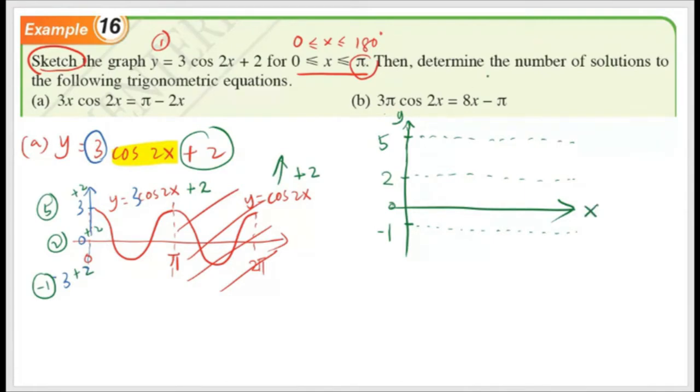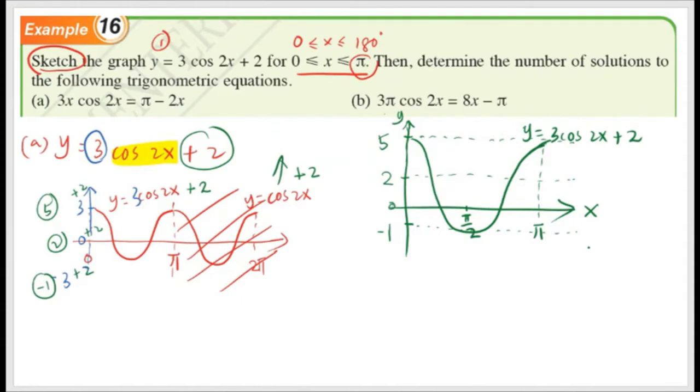Then you have to draw. Drawing is like this. Up to here. Here is pi, and here is pi over 2. This is your graph. This is the graph of the function y equal to 3 cos 2x plus 2 up to pi radians only, as the question wants.